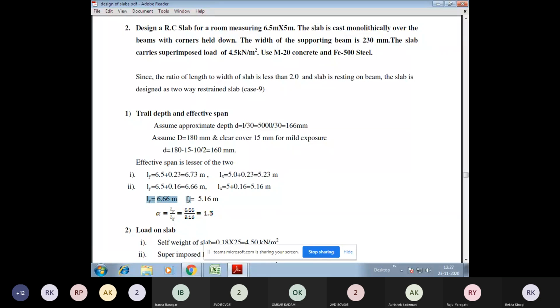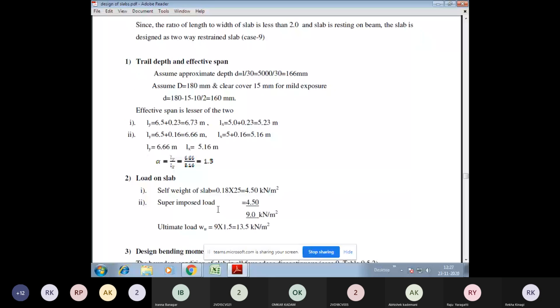So now the effective value of Ly by Lx is calculated, and the ratio of Ly by Lx is 1.3.